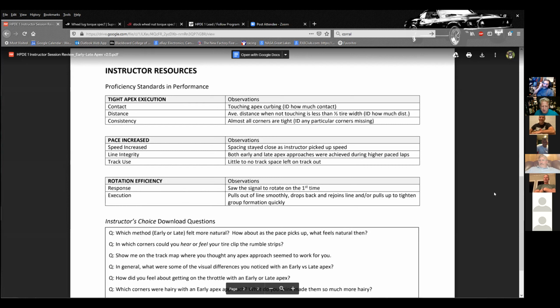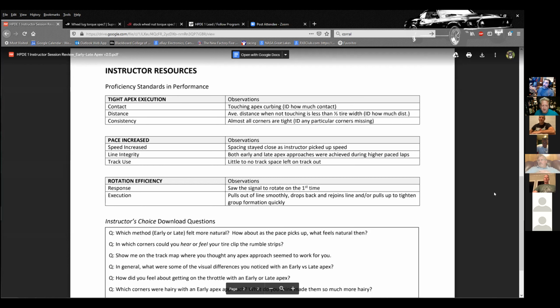The second thing is really hard because we try to drill it out of you. You're going to be watching your mirrors the whole session. You have to drive a really clean line and watch your mirrors all the time. This is pretty challenging.